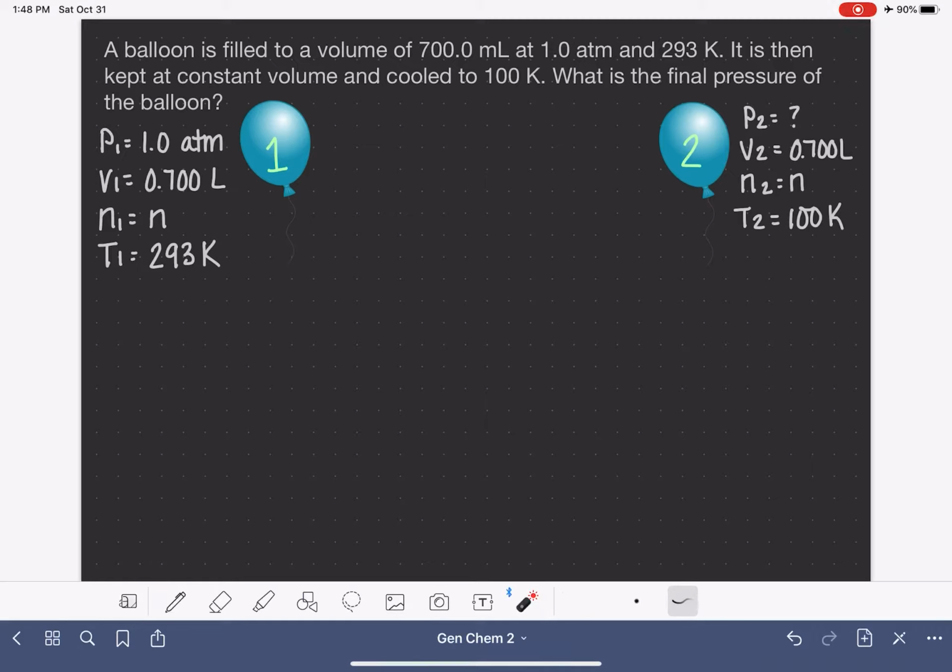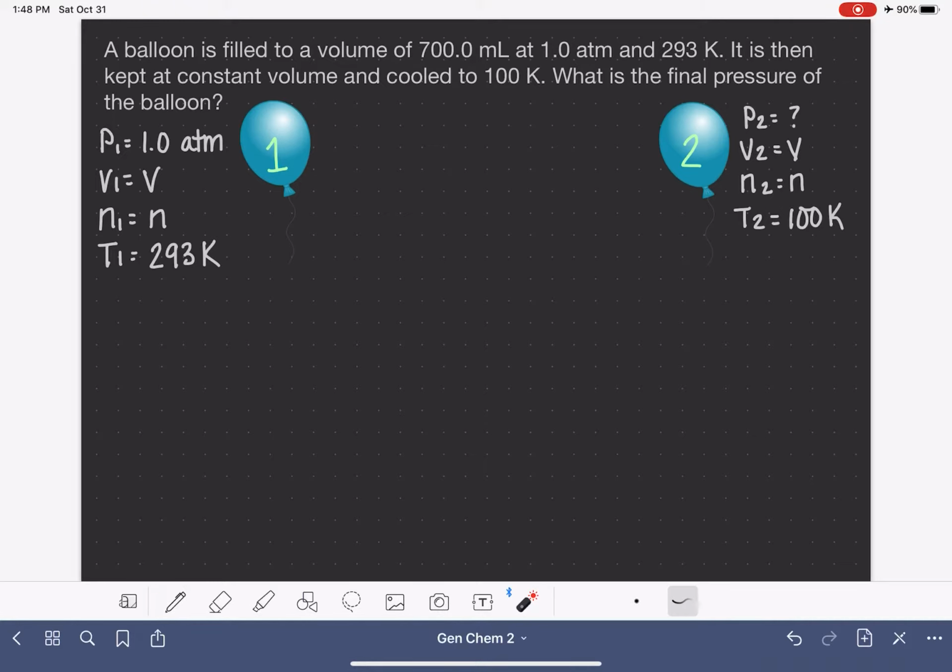Just like in the last problem, when we don't know anything about one of the variables other than that it's not changing, we can identify that variable not as n1 or n2, but just n. We could do the same thing with volume here. The volume variable does not change. It's not going to be necessary for us to know exactly what the volume is, so we can replace that number with just the letter V. We can do that for the initial and final conditions as well.